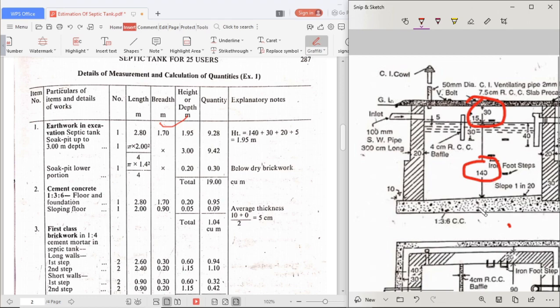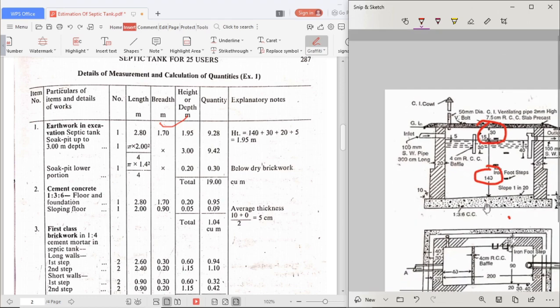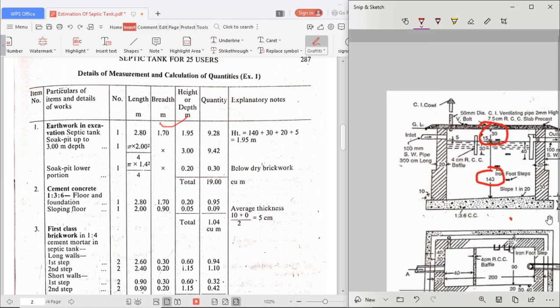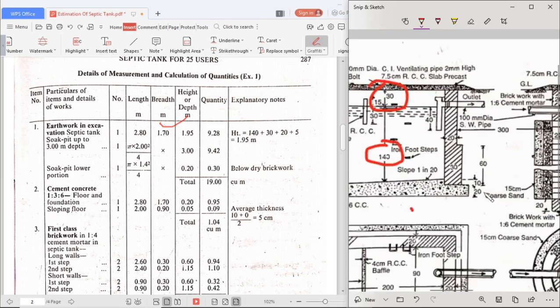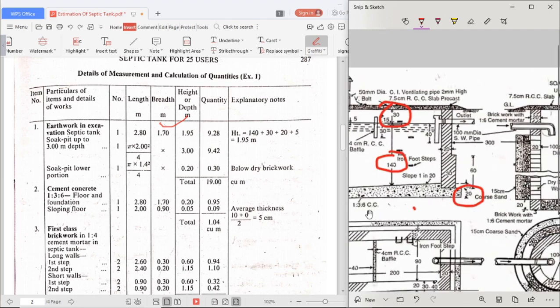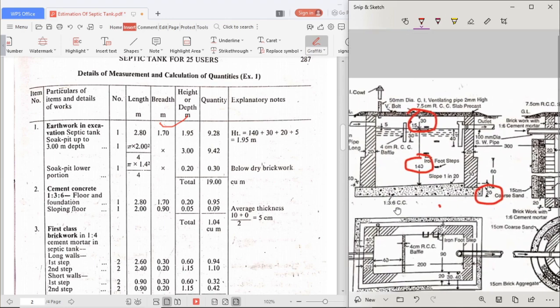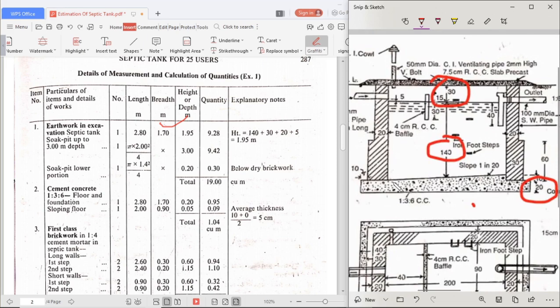So 170 plus this floor is how much? 20. So 30 plus 140 plus 20. Then as it is having the slope, what we have to take? Here you have 0. Here it is 10. Okay. So 0 plus 10 divided by 2, we are getting 5.